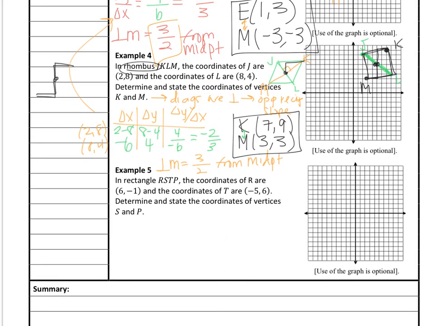Now we're going to take a look at this rectangle. They give us R and T, so I'm going to just sketch a rectangle and I'll label it eventually once I plot. We have R at 6, -1, and T at -5, +6.